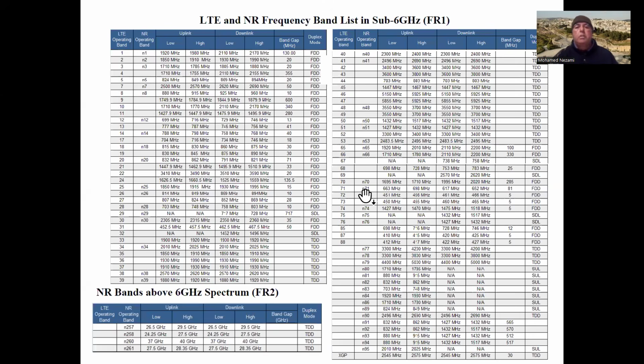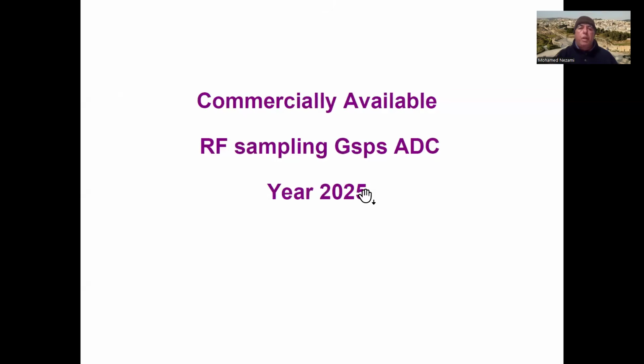All right, so let's do a survey of the available devices out there commercially. I'm not going to go into the exotic. I know there is a whole bunch of companies out there, startups and some companies that are offering ADDs that run at tremendous sample rates, up to 50, 60 gigasamples per second.